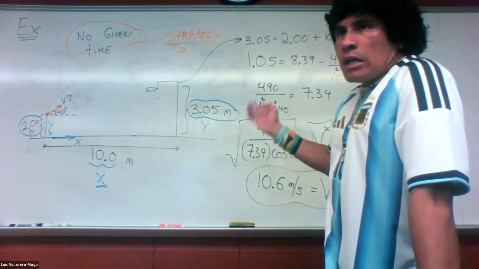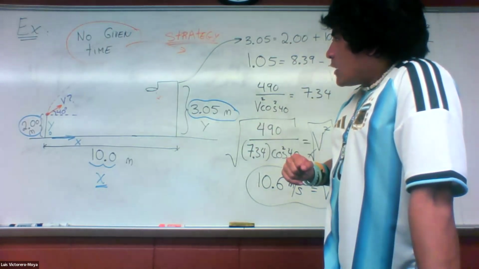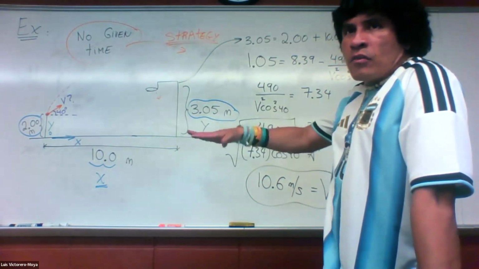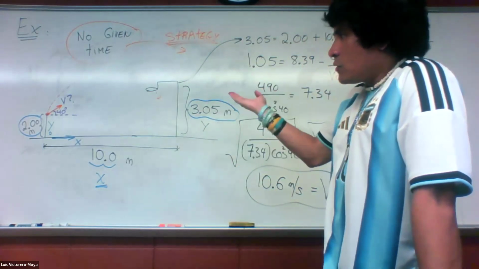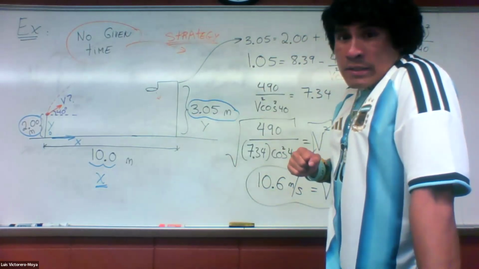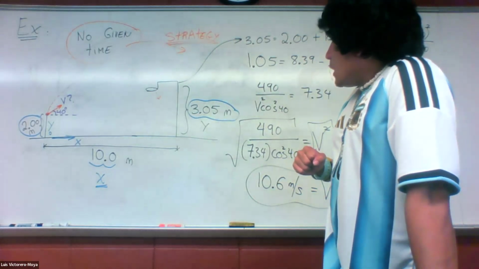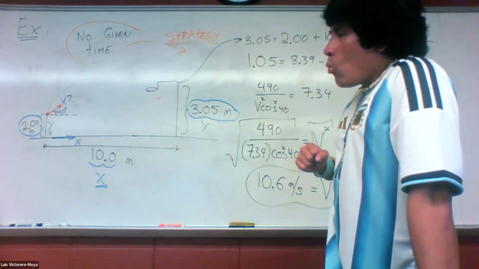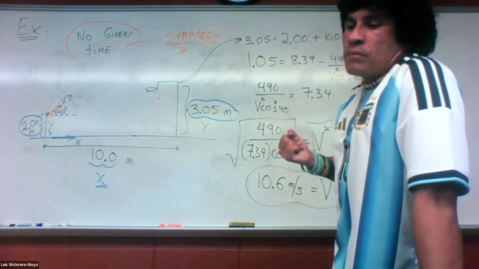Chapter 3 is the end of kinematics, motion, first in one direction and then in two directions, as you've seen. So what's coming now is to study why motion happens, right?